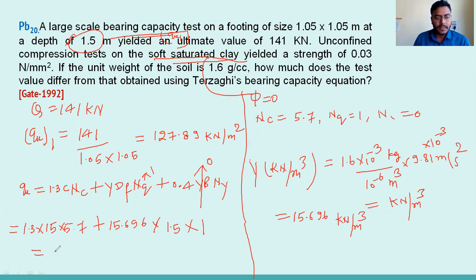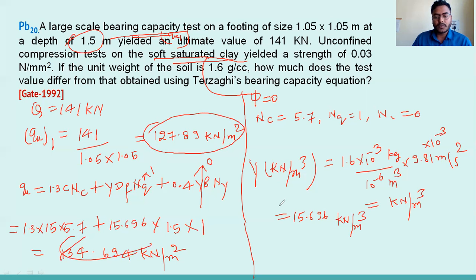So by calculating, you will get 134.696 kilonewton per meter square. So QU1 we get this, and QU we get this. Now we can calculate the difference, QU1 minus QU.